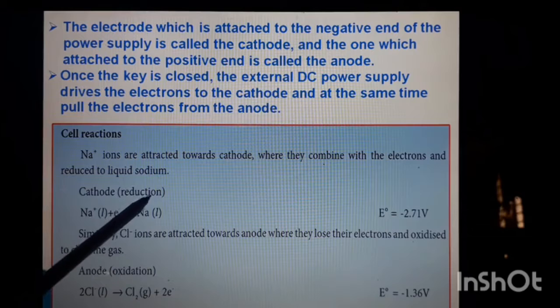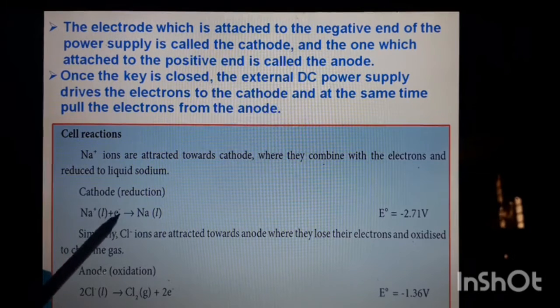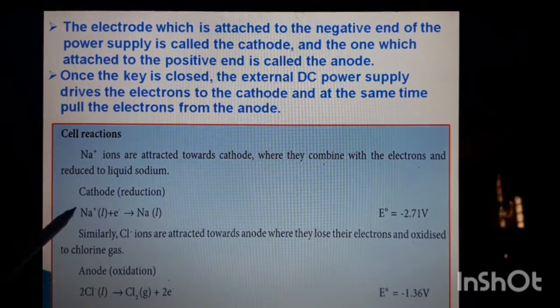Reduction means gain of electrons. At the cathode, reduction is taking place, gain of electrons. Na+ in the molten condition accepts one electron from Cl-.